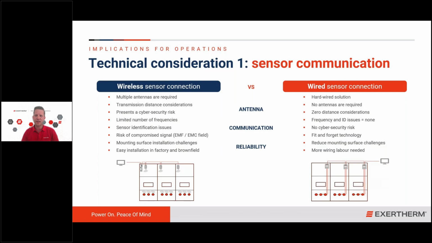First, like Brian said, it's about how does the sensor communicate? On the left-hand side of the slide, you can see some aspects around wireless sensor communication, and on the right hand, wired sensor communication options. So let's look at that with regards to the attributes of antennas, of communication, and of reliability.